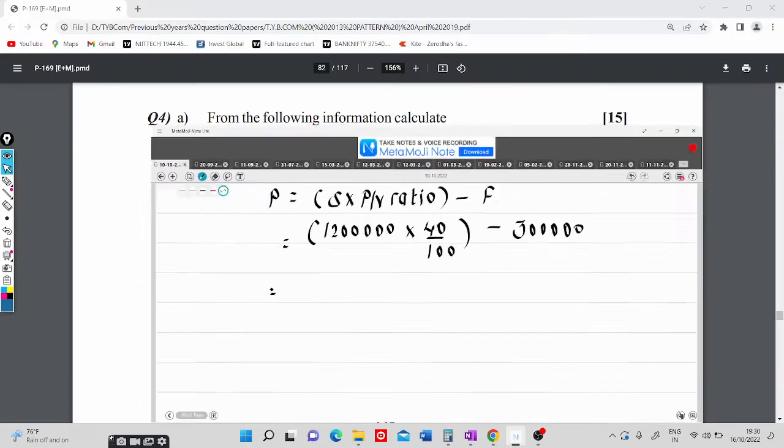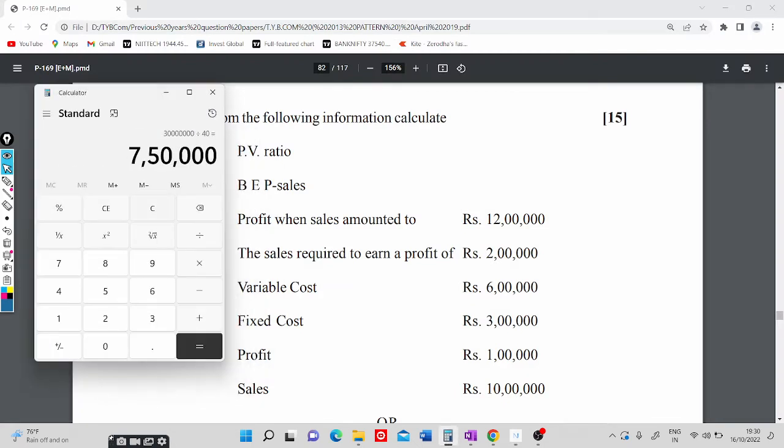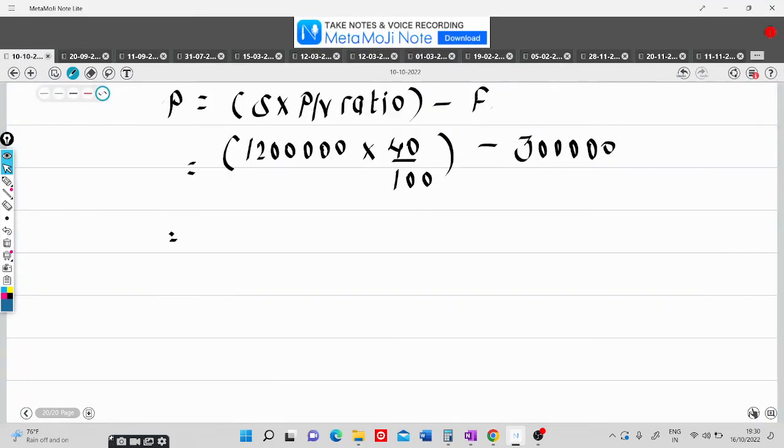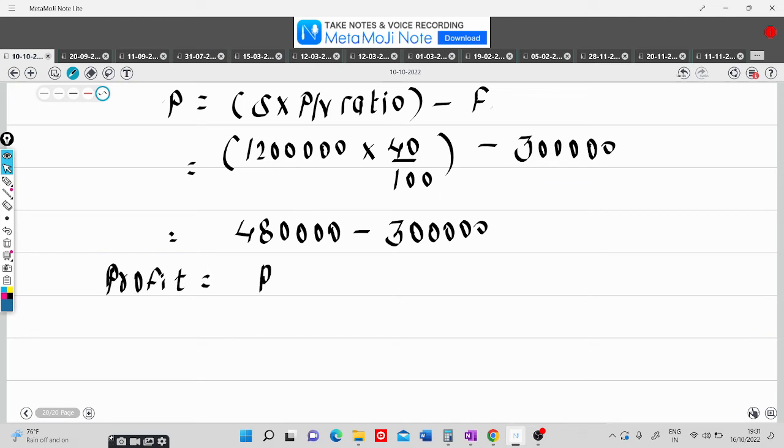So 40% of 12 lakhs, 12 lakhs into 40 divided by 100, comes out to 4,80,000 minus 3 lakhs, hence profit will be equal to 1,80,000.